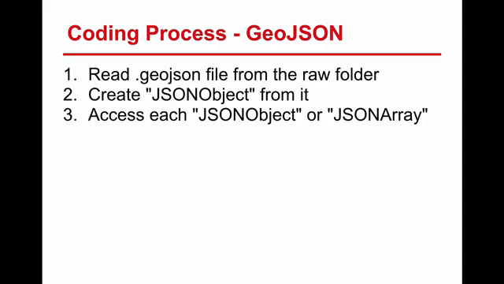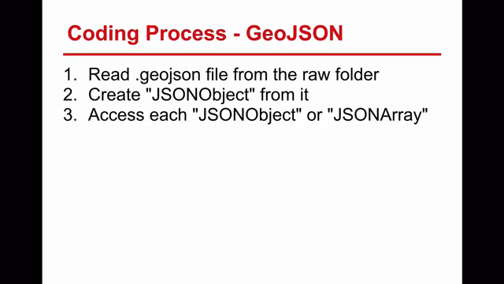And you just read the file from the raw folder. Then you can construct a JSON object. Remember that when you read .geojson, it's just a subset of JSON. So you end up creating a JSON object from the file.